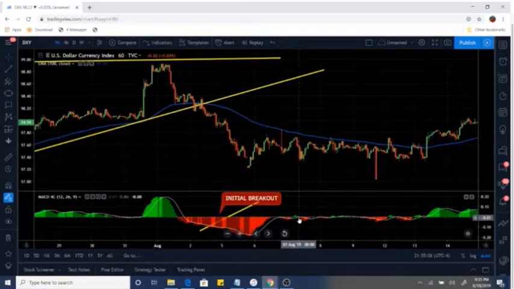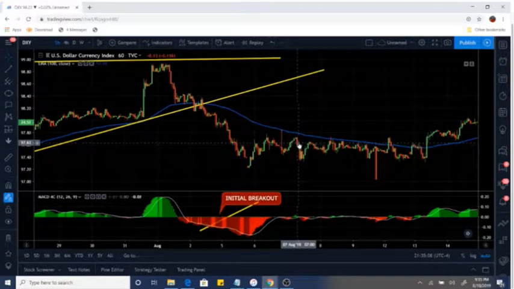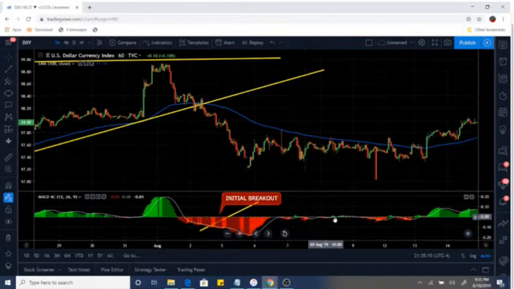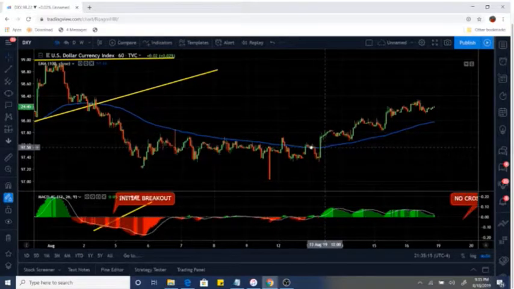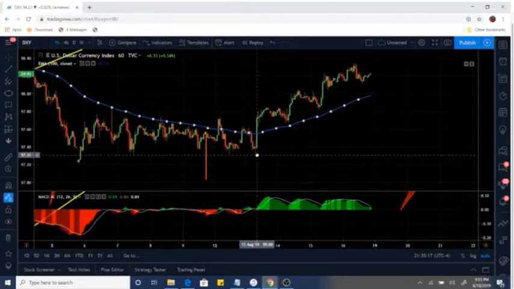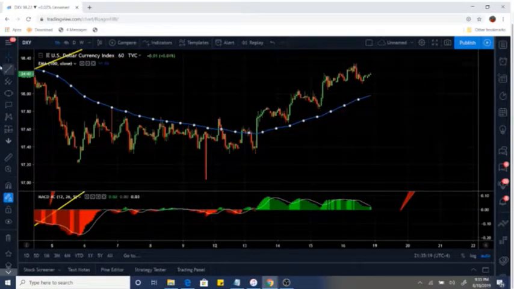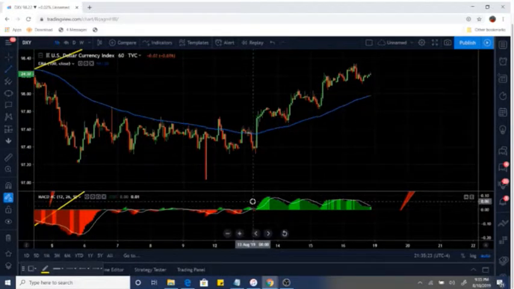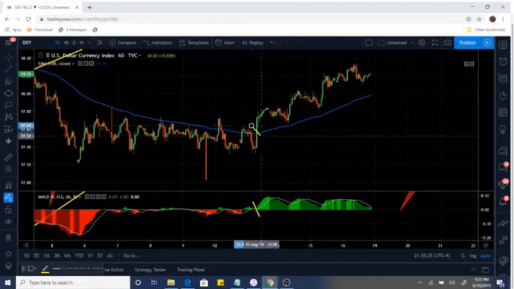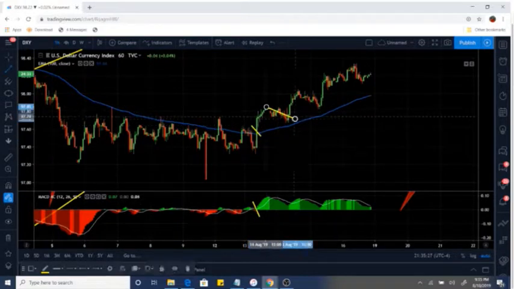Now, these are small moves, baby moves, right? You're not going to catch a lot if you were selling during this. But notice when this broke out. See how this came back on an uptrend? See your breakout? So I broke out here. Look at all these retests.